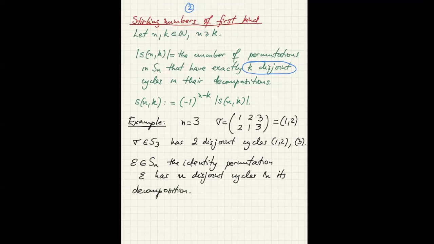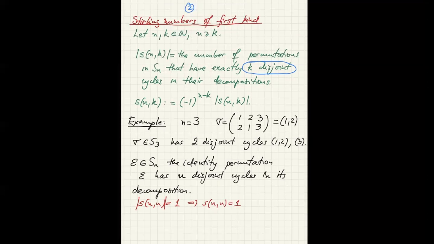And it's actually the only permutation that has this property, so that leads to the fact that s(n,n) equals 1. Actually, the absolute value of s(n,n) equals 1, but even if you take into account the sign, you get that s(n,n) equals 1.